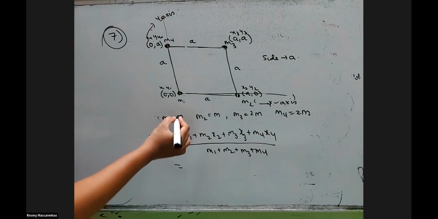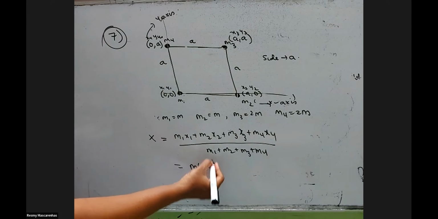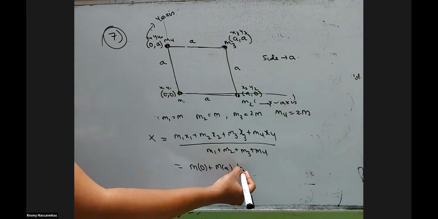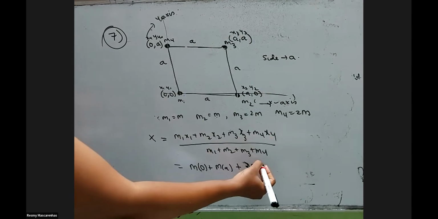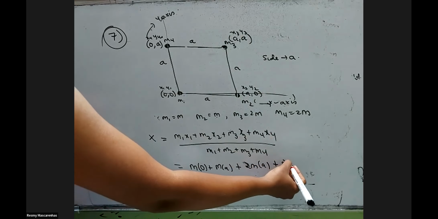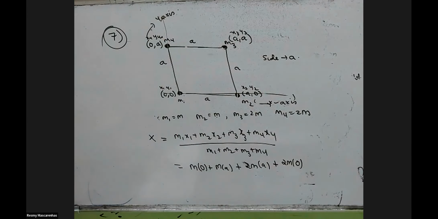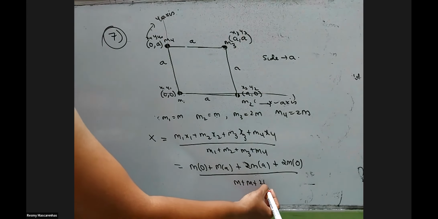Now substitute m into 0, m into a, 2m, m3 is 2m, into a, 2m into 0, upon m plus 2m plus 2m.